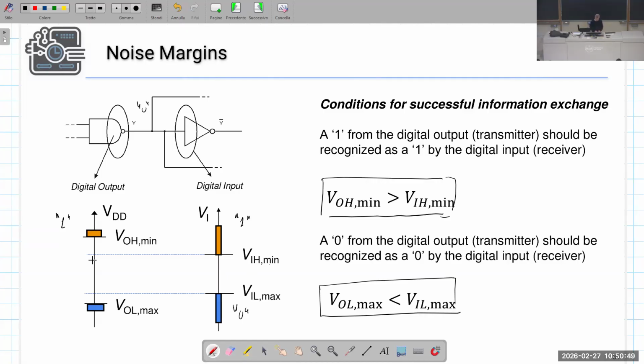Overlap? What do you mean, overlap? So if we have the opposite case, let me try.